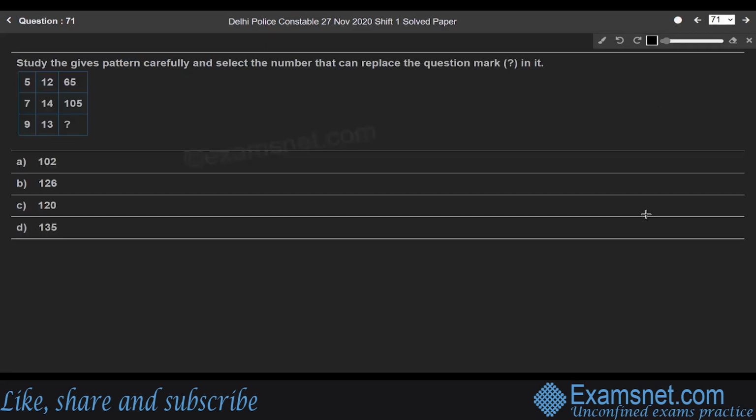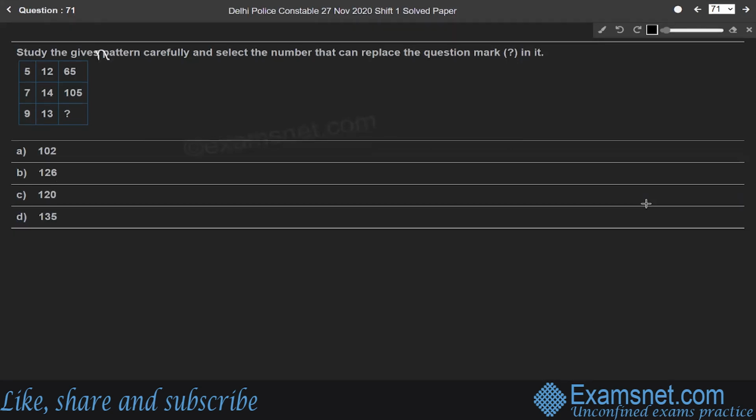Question 71. Study the given pattern carefully and select the number that can replace the question mark in it. So the pattern is like this. Here the first number 5 into the second number is 60, plus 5 is the third number.